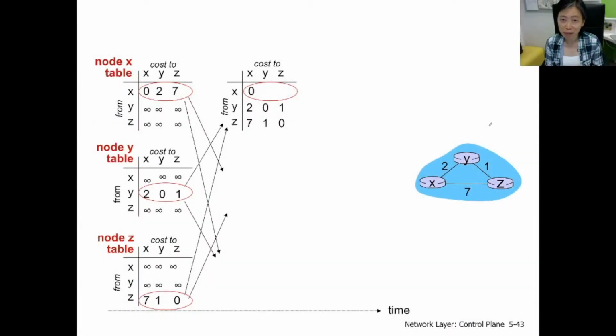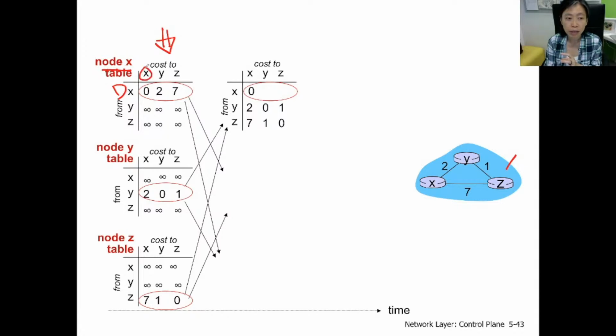Okay, example time. In order to make sure that you understand this clearly, let's use a concrete example. The example this time is very simple, only 3 nodes, X, Y, Z, and they are fully connected. Oh, by the way, we have not yet talked about initialization of the distance vectors. In node X, the distance vector of X is initialized this way.